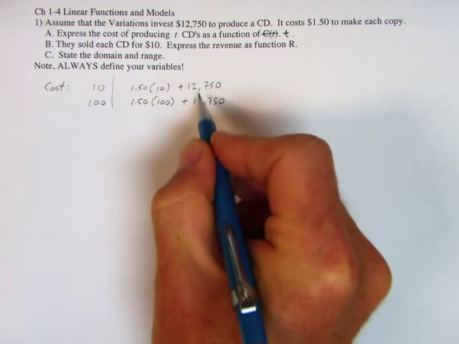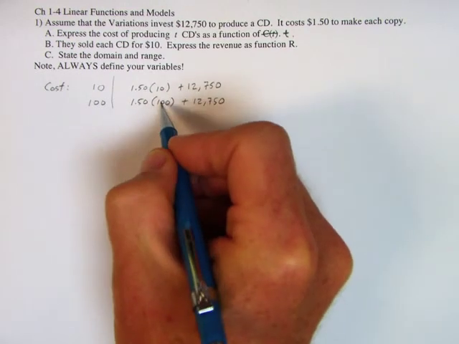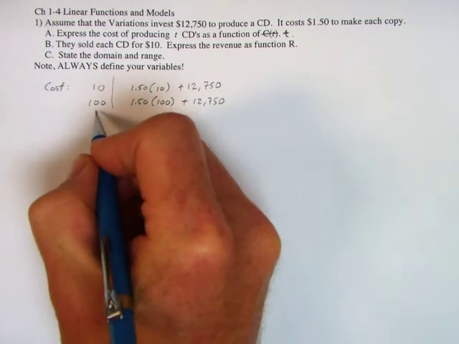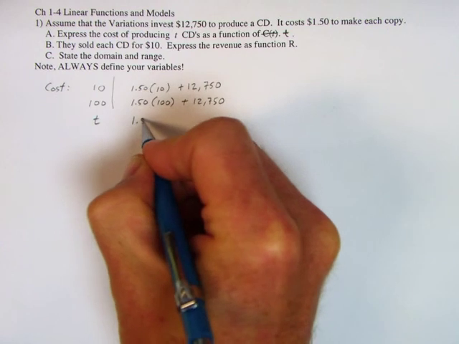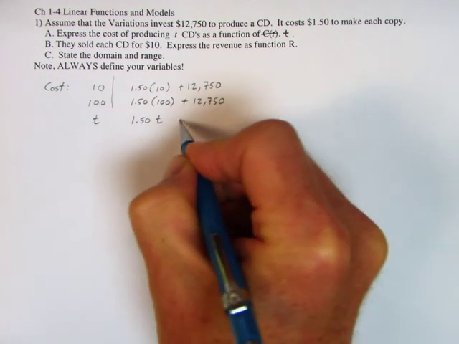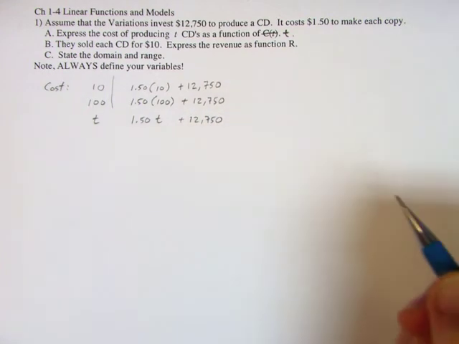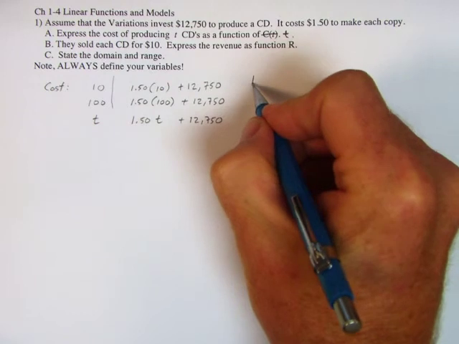I'm going to have this fixed cost of $12,750, and then I'm going to take my number and multiply it by $1.50. So if I have T CDs, it'll be 1.50T plus 12,750. So now let's define our variables.